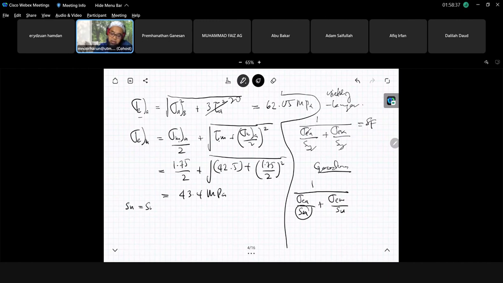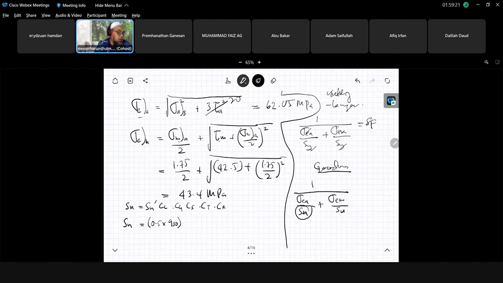So endurance limit Sn equal to Sn prime CL CG CS CT CR. Okay, so this Sn prime is for the steel 0.5 times ultimate strength. So 0.5 times ultimate strength is 900. So you could check later.